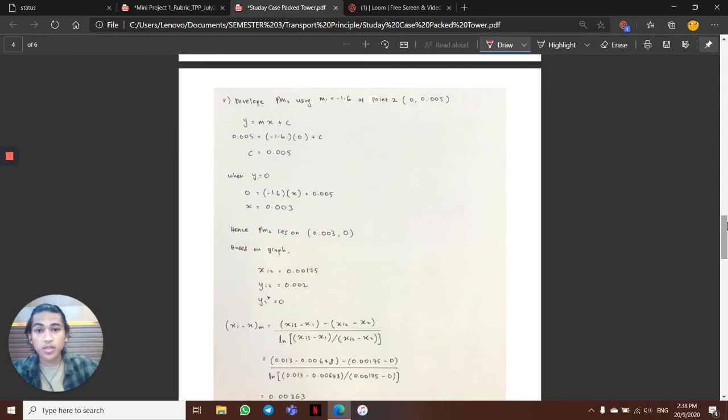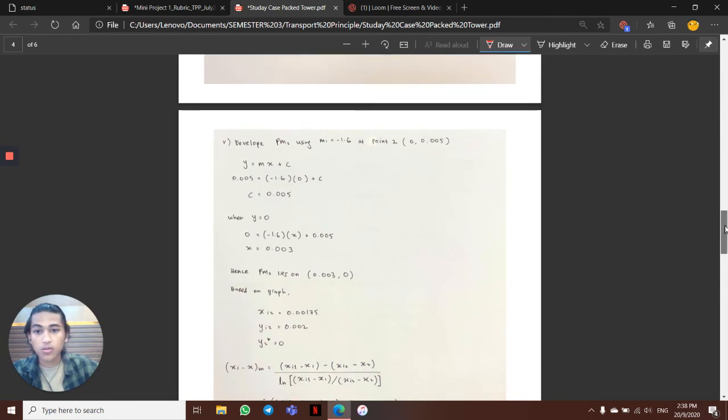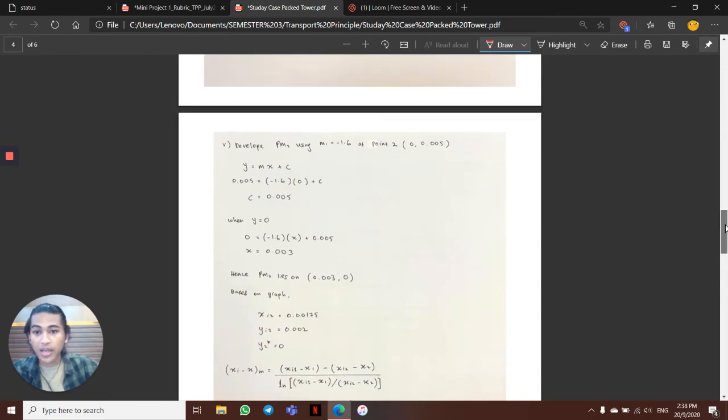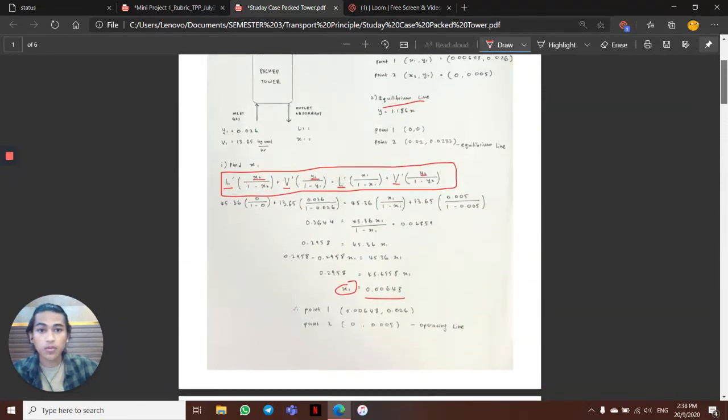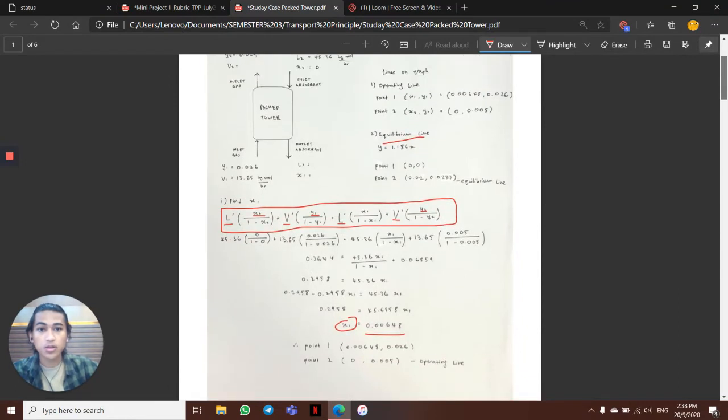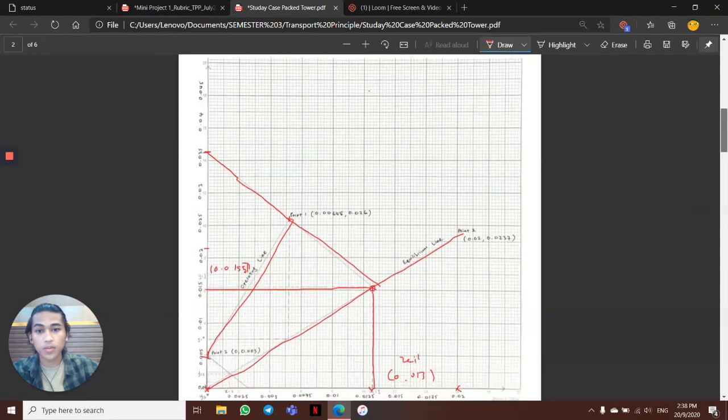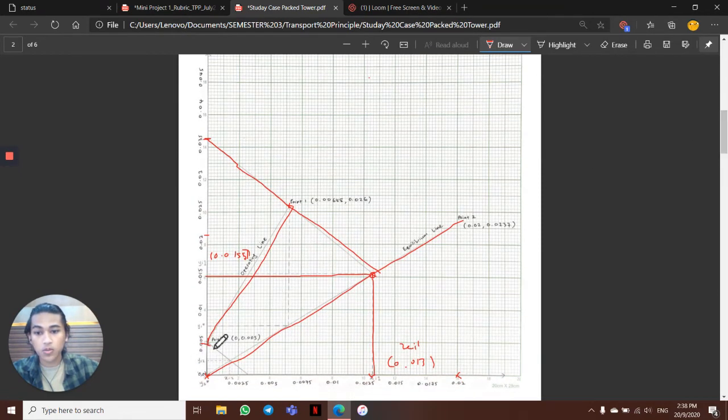We will insert M1 as the slope that we have built just now, and then the point x0 and y 0.005 is from point 2 of the operating line.